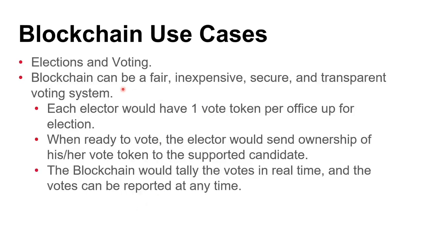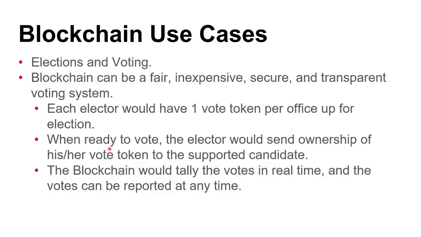Elections and voting. A blockchain can be a fair, inexpensive, secure, and transparent voting system. In this particular case, each elector would have one vote token per office on the election. So if there's a congressman up for election, a mayor up for election, and a U.S. senator up for election, that would be 3 tokens.